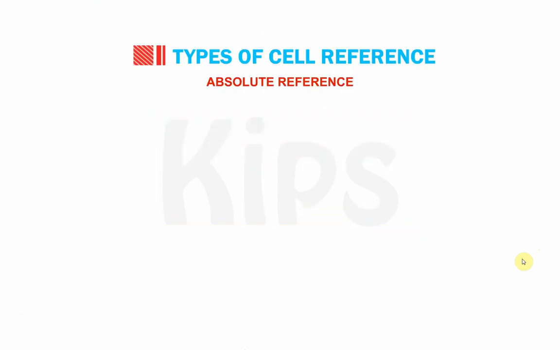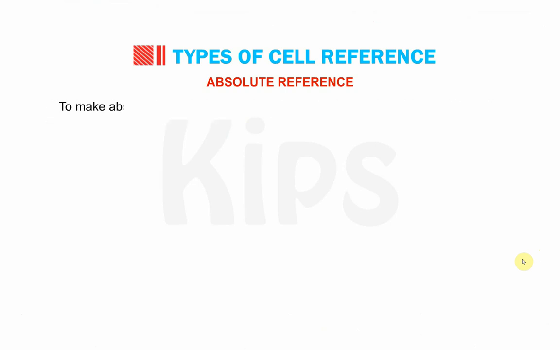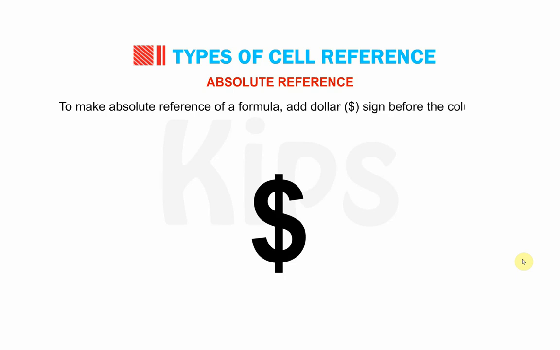Now the second type of cell reference is absolute reference. Absolute reference is used when we do not want to change the address of the cell on copying the formula to another cell. To make an absolute reference of a formula, add the $ sign before the column and row number.